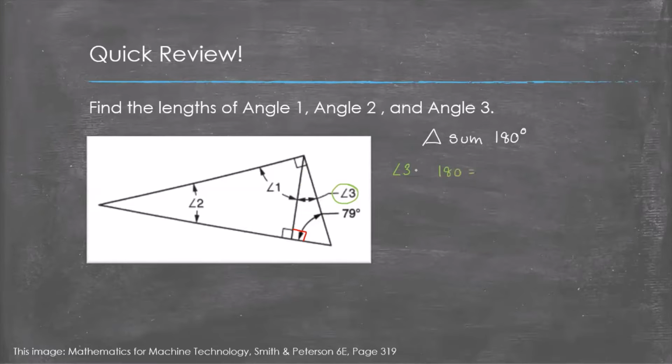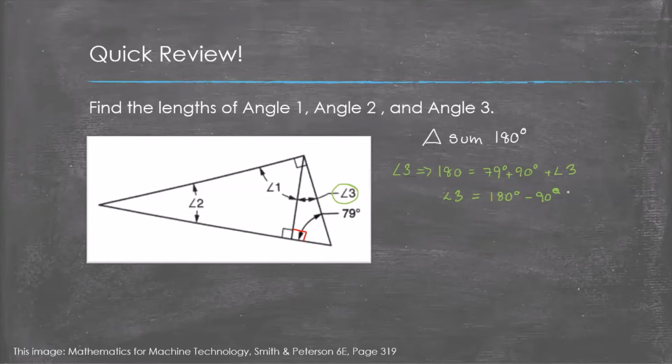So 180 is equal to 79 degrees plus 90 degrees plus angle 3. So the way I solve this one is I say angle 3 is equal to 180 minus 90 minus 79 degrees. You might have noticed that if you have 180 and a right angle, you're just left with 90 degrees.